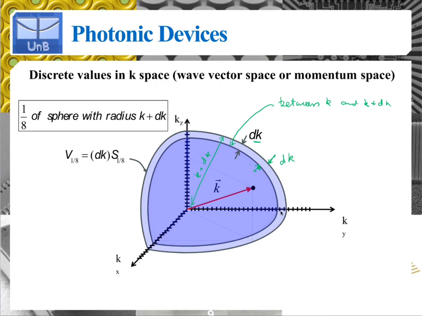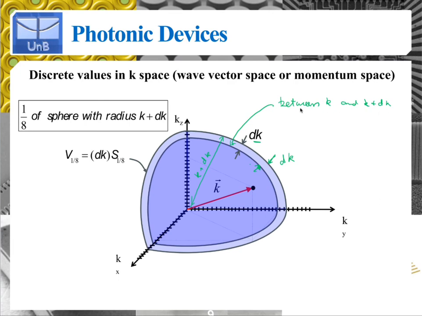And if you think about it, if you divide the volume of this region, the volume of the shell with thickness dk, by the volume occupied by each state, you will find exactly the number of states within this range, the number of states that could fit inside the shell, which is the number of states with wave vectors ranging between K and K plus dk.